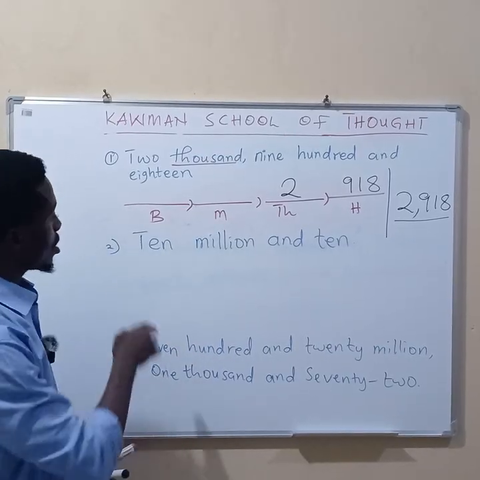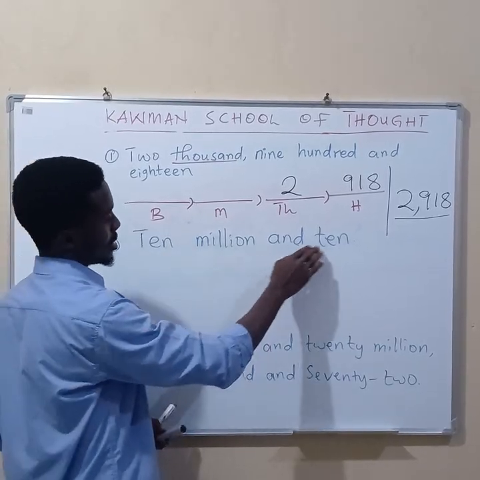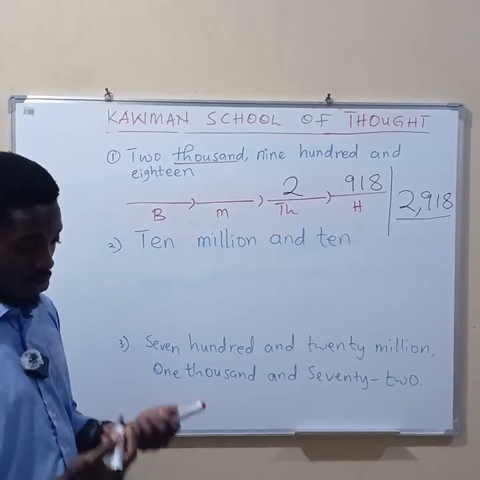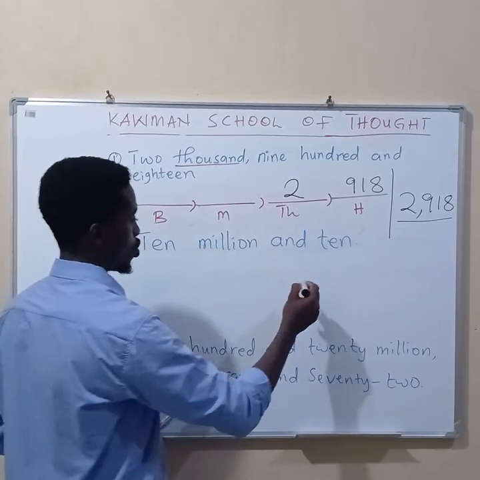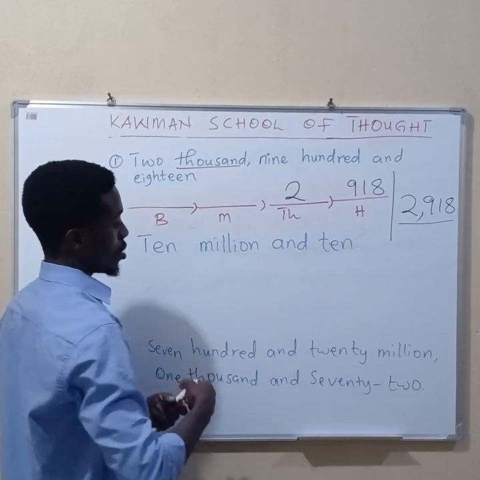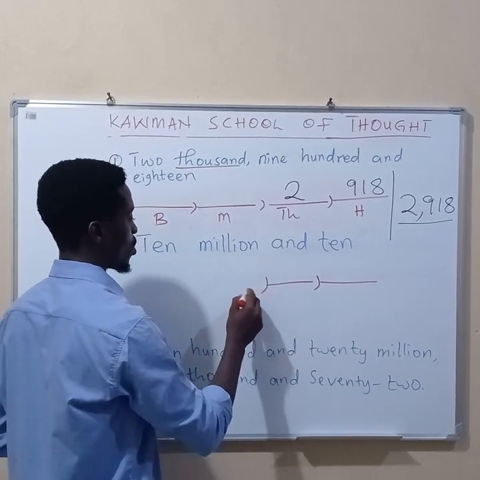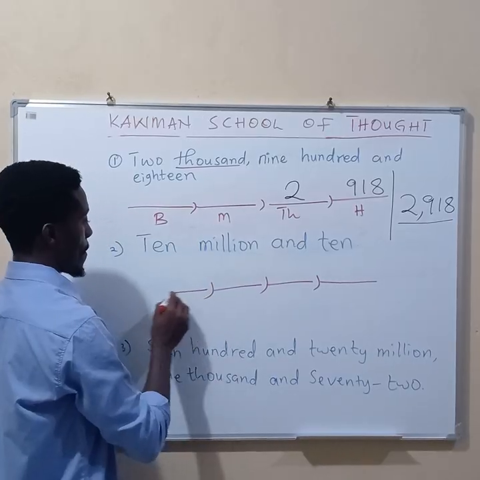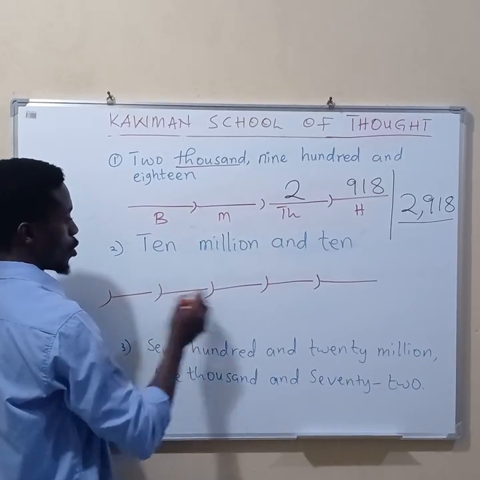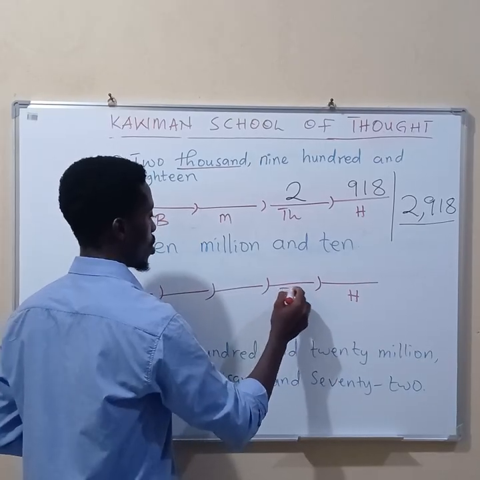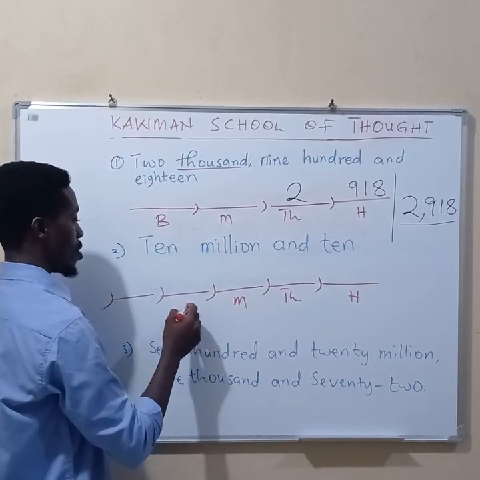Second example, 10 million and 10. So we go by our columns again. Let's create the columns first. So we have hundreds, you have the thousands, you have the millions, you have the billions.